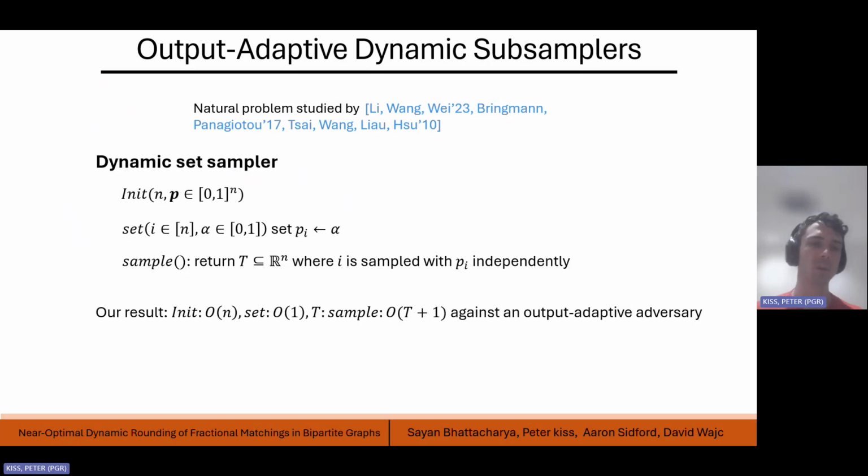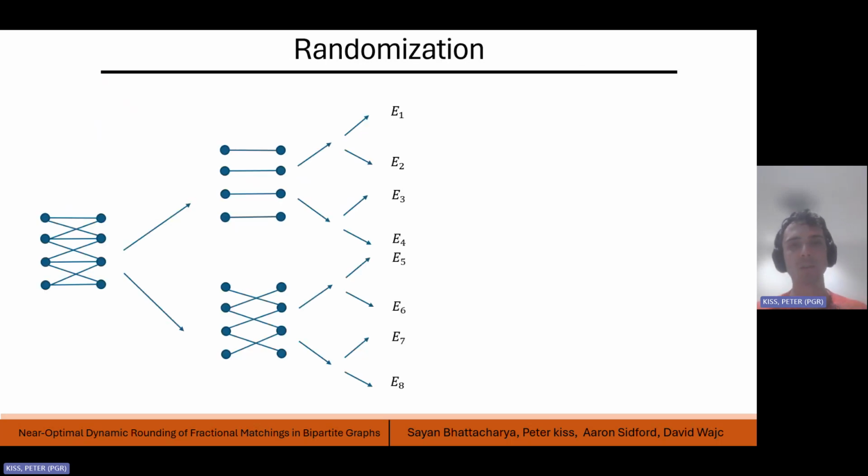And in this paper, we show a supporting lemma, which might be of independent research interest: you can construct a dynamic set sampler with essentially optimal running time, that is linear initialization time, constant setting time, and linear sampling time, which functions against an output adaptive adversary. Note that previous implementations were not provably output adaptive. So how do we use this for sparsifying low weight edges?